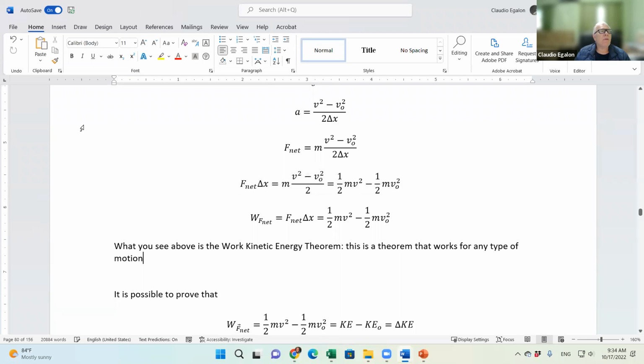Even though we used an equation for uniformly accelerated motion, in reality what you're getting right here applies not just to uniformly accelerated motion, but to any other type of motion, even circular motion that's not uniformly accelerated. That's one of the neat things of physics.